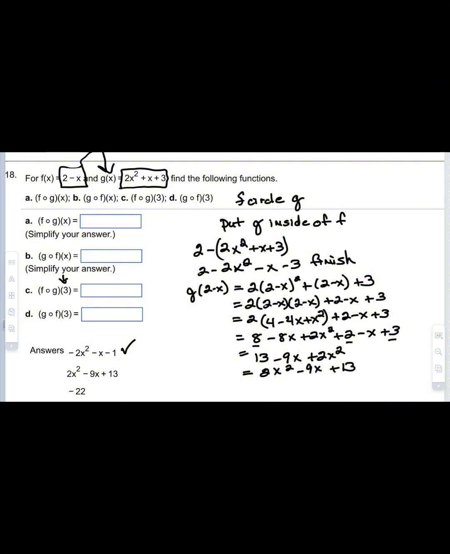And now to do f circle g of 3, you just plug 3 into the first result that you got in part A. And then you do the same thing for part D. You take part B and you plug in 3, and that's it. And that's how you get your numbers and your result.